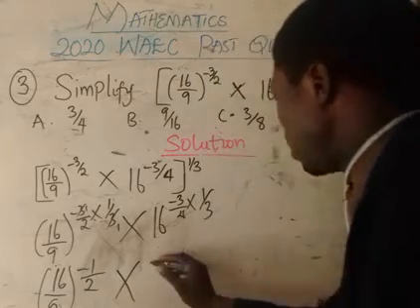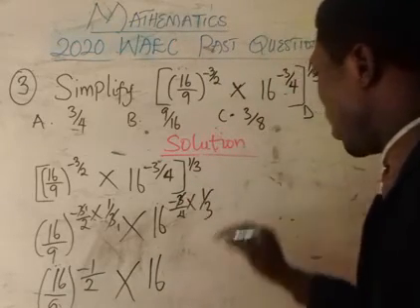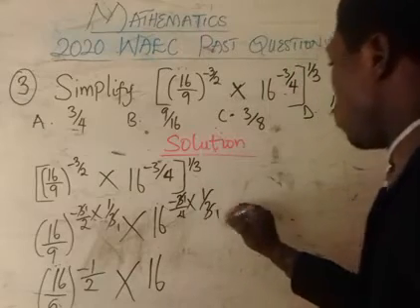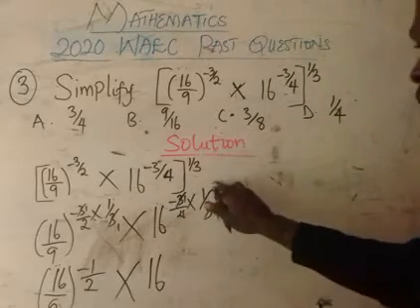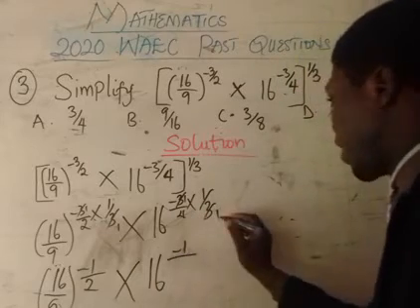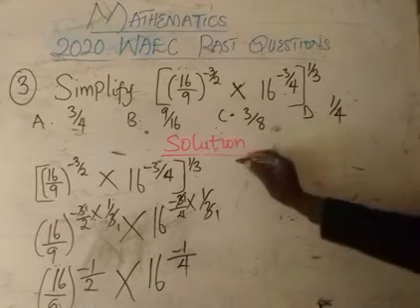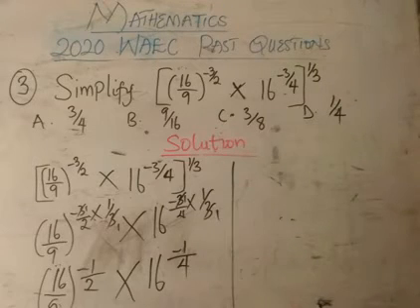Multiplied by 16, we have negative 3 here, 1 here. Negative 3 times 1 will give us negative 1, over 4 times 1 will give us 4. Alright. We're good to move on.